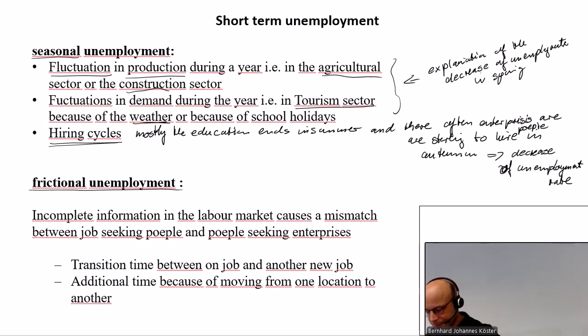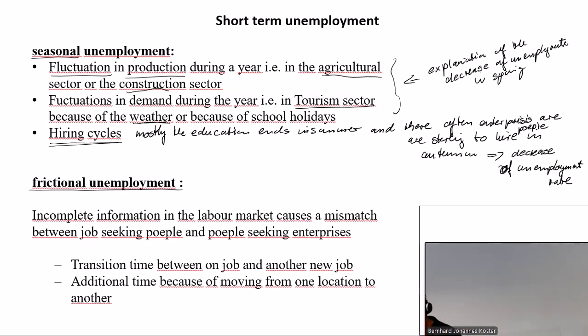And therefore there are some people, these are not very many, roughly maybe 15 to 100,000, but this is just because it takes some time until demand and supply really match.